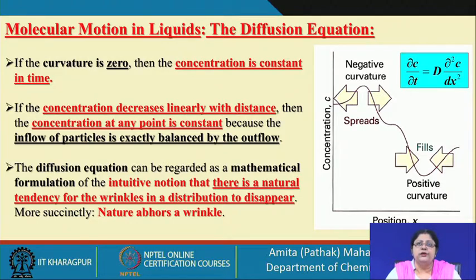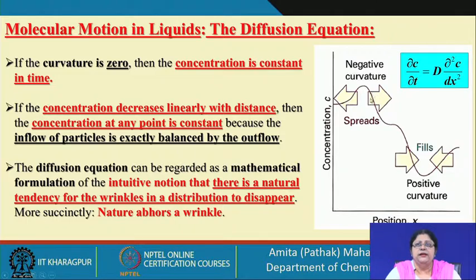So, if you are asked how do you prove that nature abhors wrinkles, you come up with these two plots. Here you have a change in concentration, positive or negative, which is signified by a negative curvature in the concentration versus position plot.